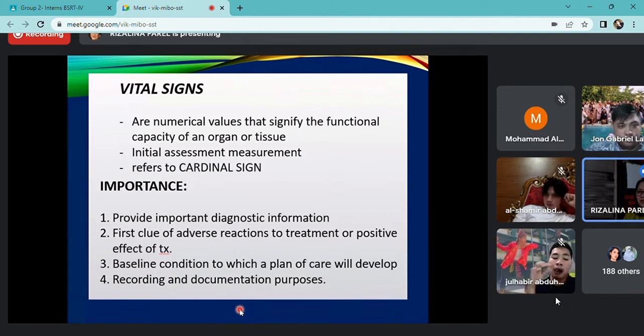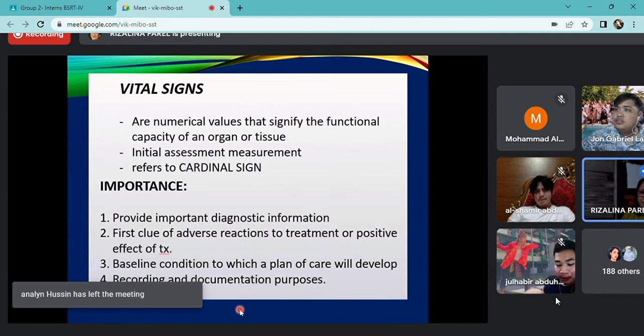Pag sinabi mong cardinal sign, so meron siyang determination kung lumalala nga ba yung condition ng patient mo according dun sa measured na respiratory rate, temperature, then your blood pressure, pulse rate, and the SpO2. Okay? So cardinal sign siya.